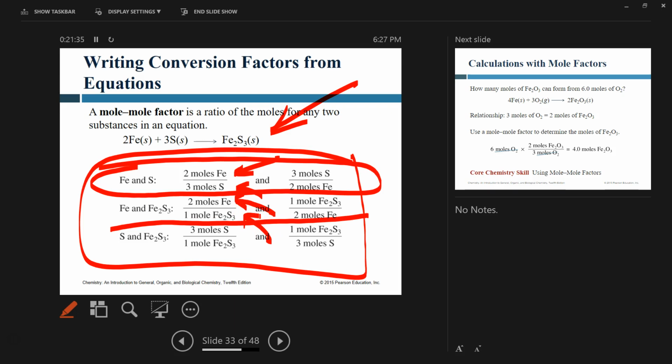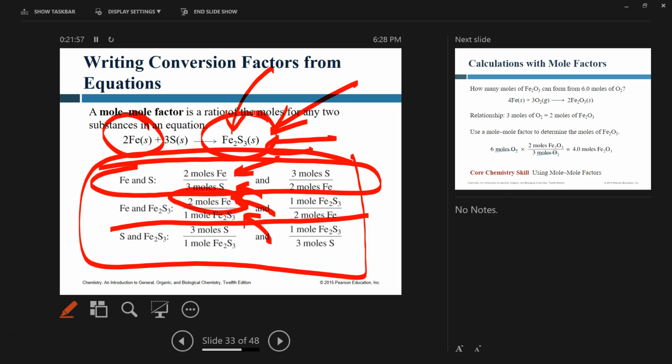Why? Because you have 2 moles of iron, right? How many moles of iron do you get in iron sulfide? 2. But all these 2 moles of iron are packed in 1 mole of iron sulfide.